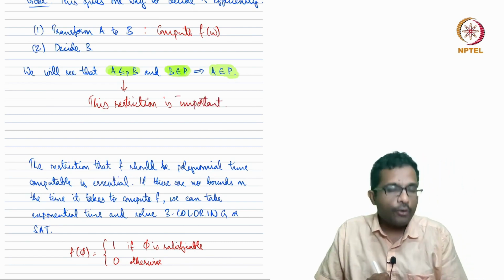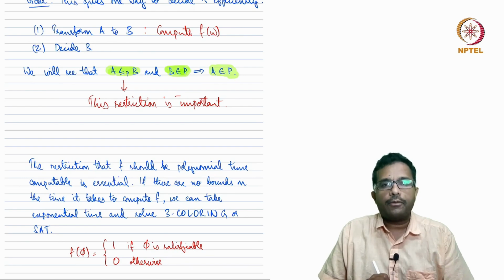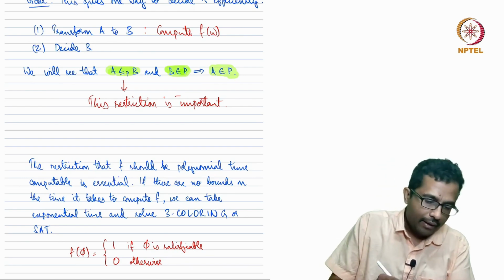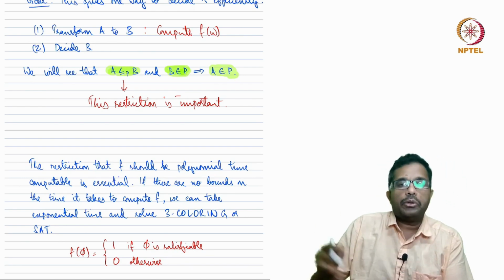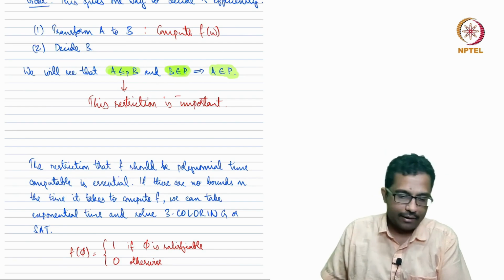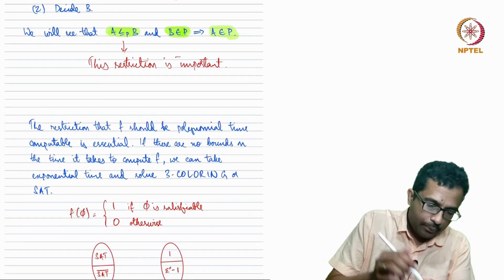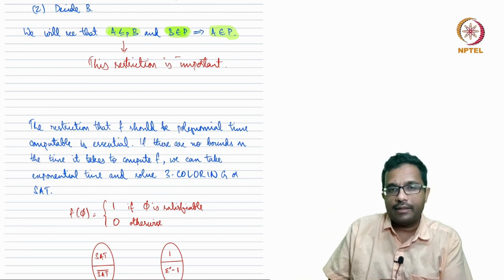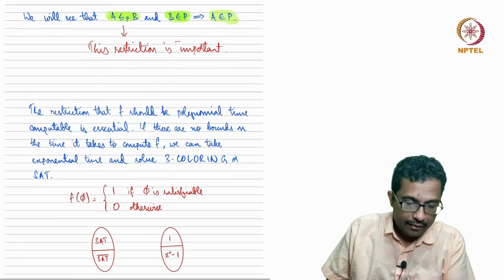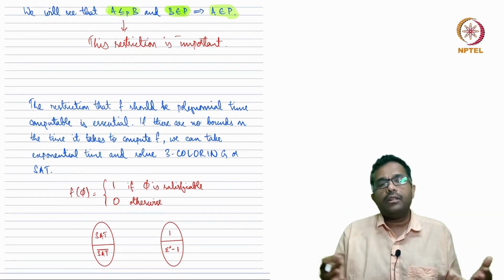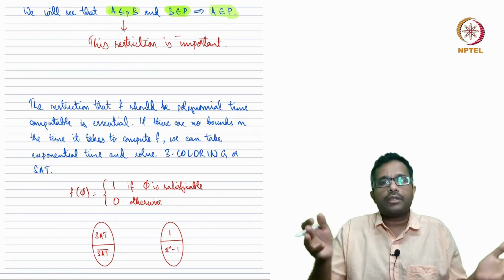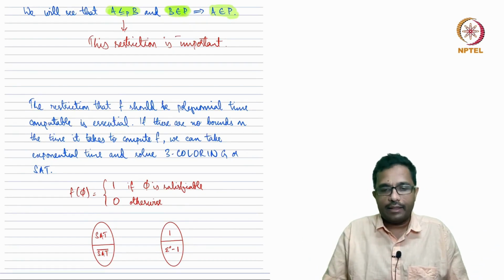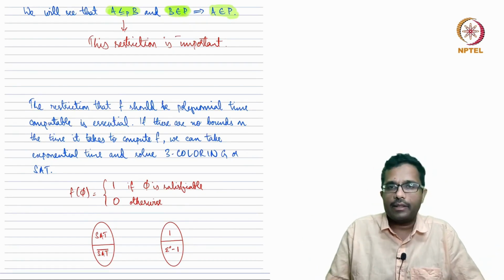Suppose we did not have this restriction of polynomial time computable, and let's say we could take exponential time to compute this function. Then the problem is that, let's say we are given a 3-coloring instance or a satisfiability instance, if I don't have any time bound, then I could try out all the possible 2^n assignments.